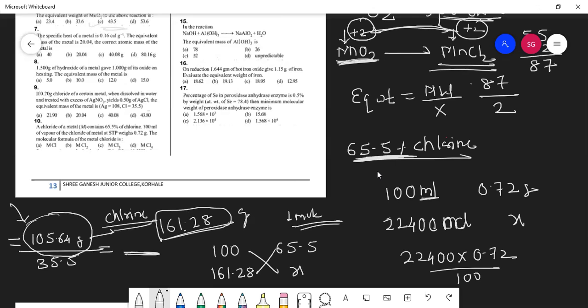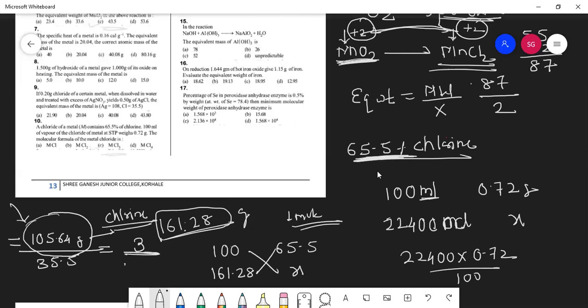If I divide the total by 35.5, I will understand how many chlorines are present. Roughly you divide, it comes to 3. So chlorine should be 3. Now in which option is 3 there? Yes, option C, MCl3.